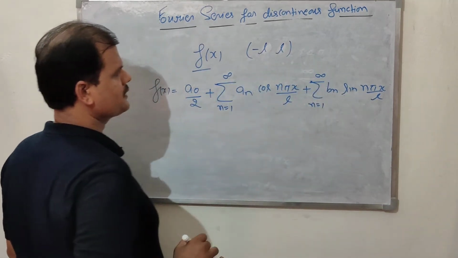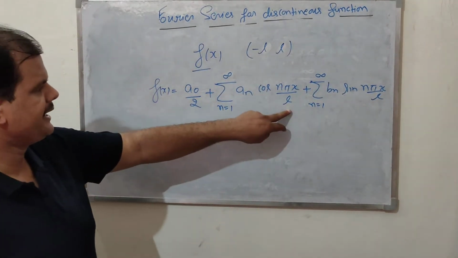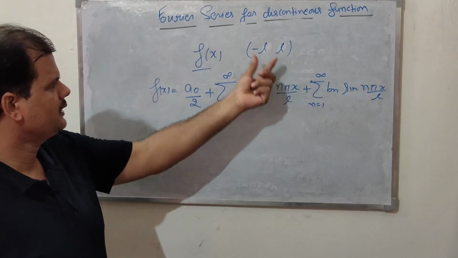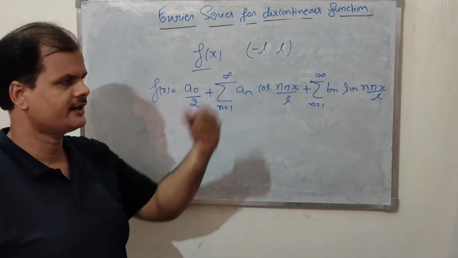Here we have n pi x by L, where L is half of the length of this interval.